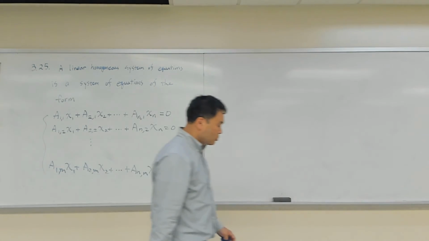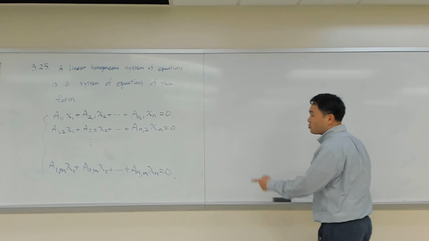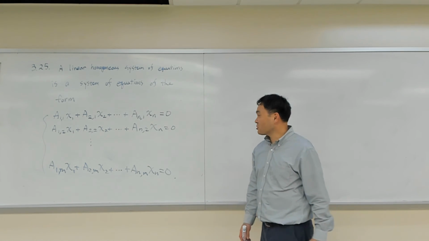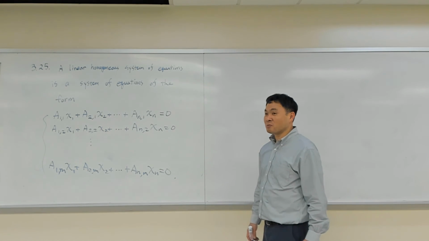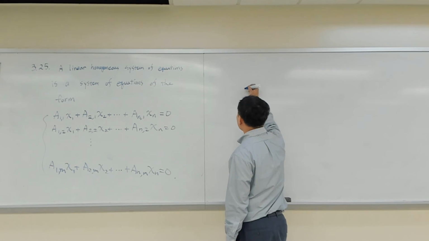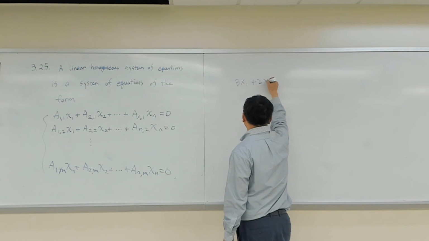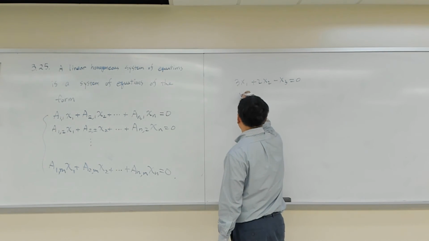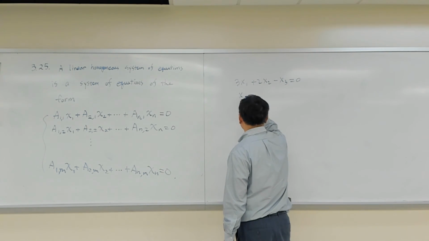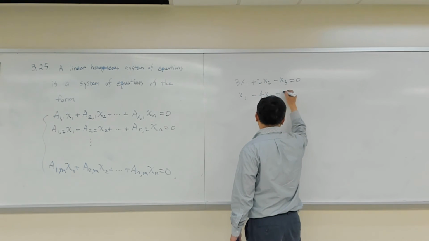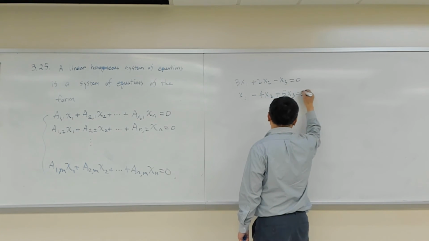Okay, so with so many sub-indices, you might be a little afraid to think about what it means, but all I'm saying is think about a system, something that looks like this. You have, say, 3x1 plus 2x2 minus x3 equals 0, and then x2 plus x1 minus 4x2 plus 5x3 equals 0.